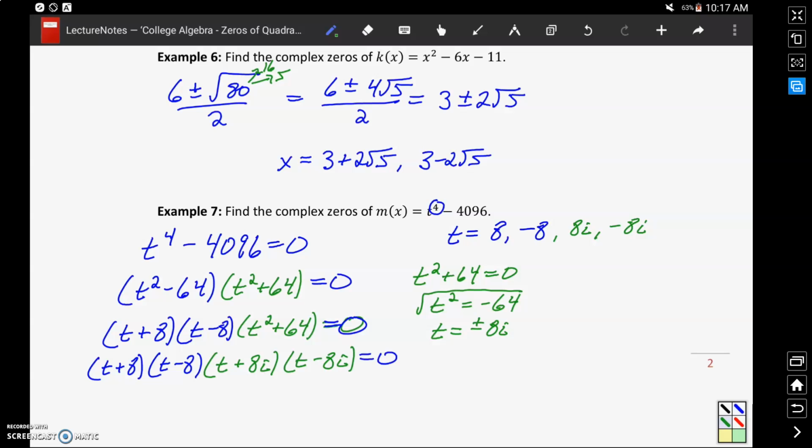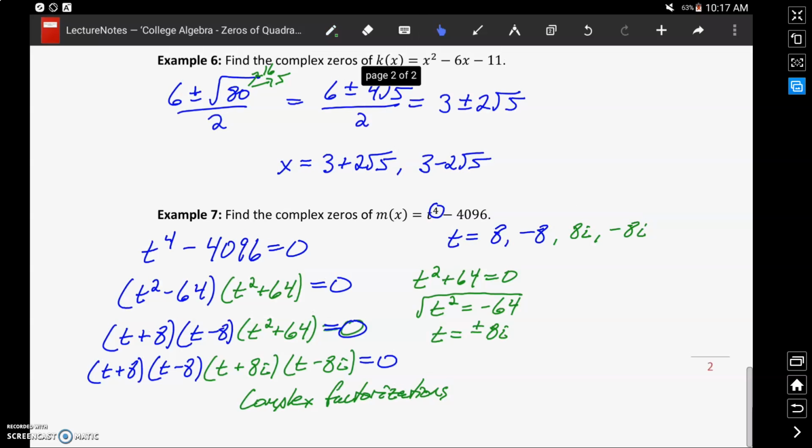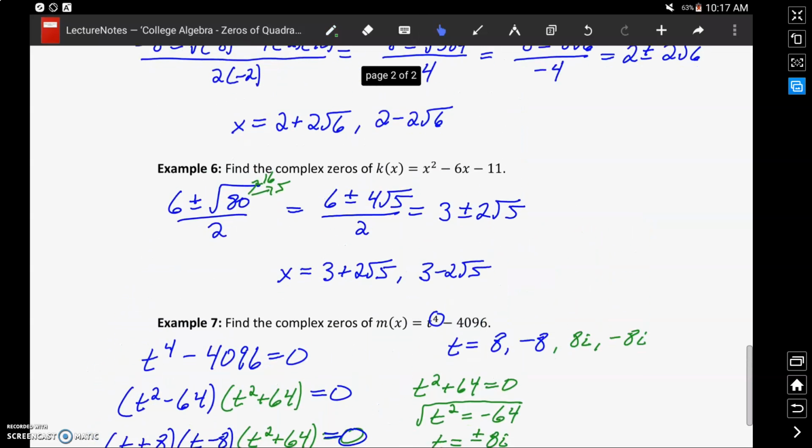So one benefit of being able to come up with these complex zeros is that we can now come up with these complex factorizations of polynomial functions that previously we would not have been able to fully factor. Or at least not easily.